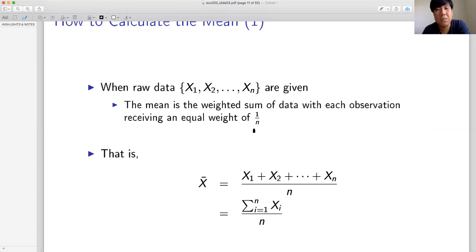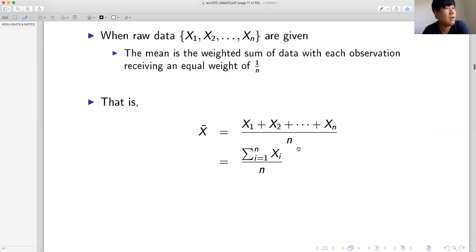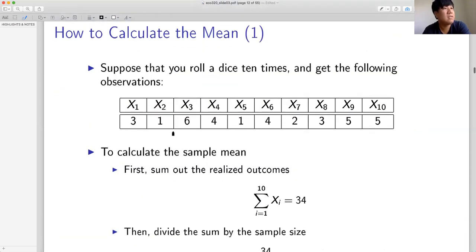Why is this important? Because when we incorporate probability, we might use some different weighting later. I will cover that. Let's say you have 10 observations, and these are some of the outcomes, so when you roll a die 10 times, this might be the case. For example, how many number 3s came up?